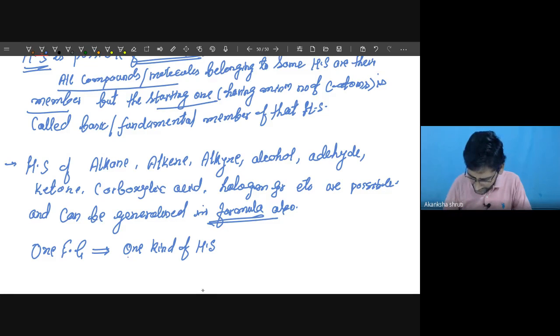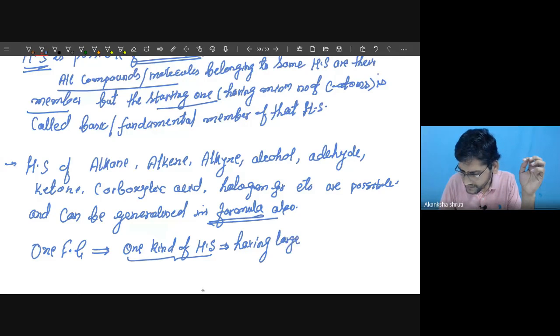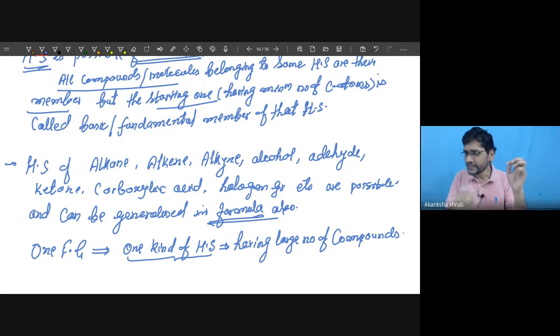But this one kind of homologous series has a very large number, even million, billion, trillion, however many you can write, that much compounds. So having a large number of compounds. So how is this? Let us understand. Okay, student?